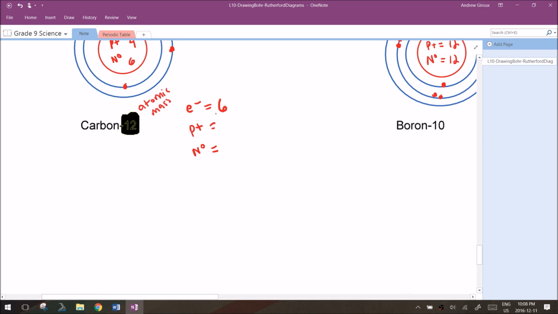So in this case, we have 6 electrons and 6 protons. That's normal. What will change in this case is that our atomic mass is 12. So our neutrons will be 12 minus 6. So the atomic mass minus the atomic number, which gives us 6. So carbon 12 will look like this.